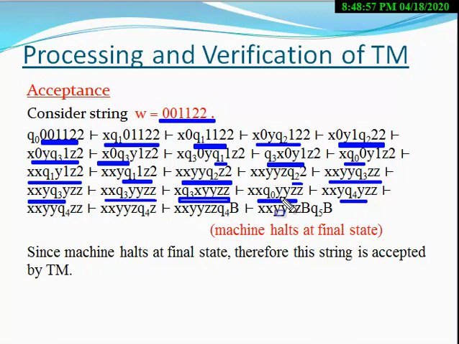Now you have to check whether all the 1s and 2s are also deleted or not. For this you have to scan to the right side. If there is no 1 and no 2, then the machine moves to the final state. So now check. At the state Q0, Y, the machine moves to the state Q4, right?